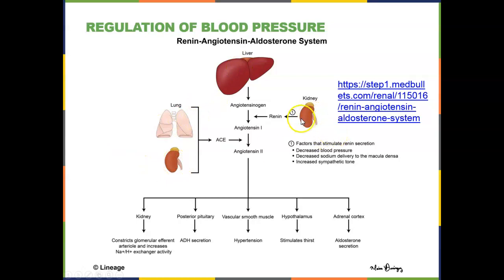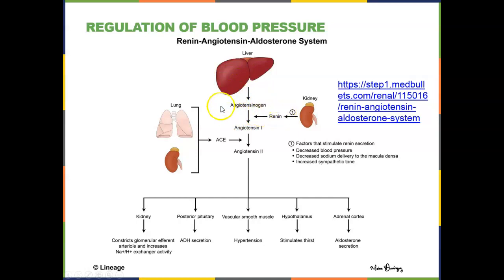So the kidneys are the organ that produces renin. So kidneys produce the hormone renin in response to low blood pressure levels. So renin enters the blood and it's going to interact with another inactive hormone produced by the liver called angiotensinogen.